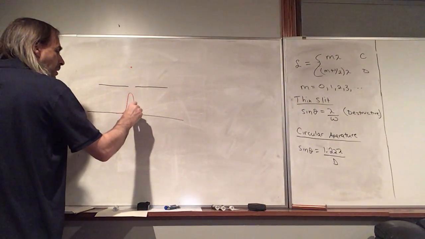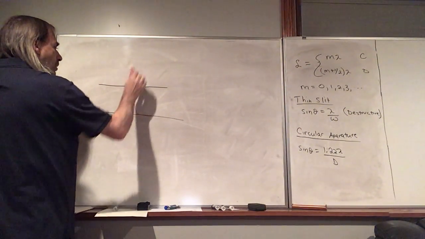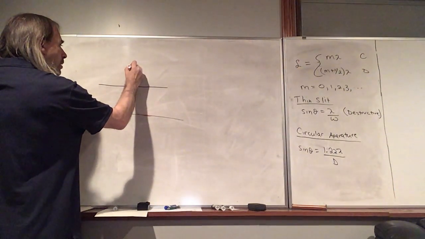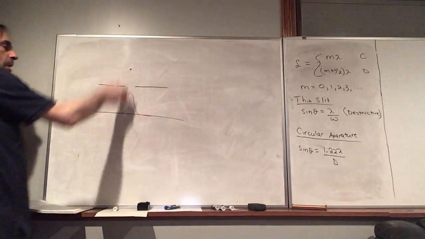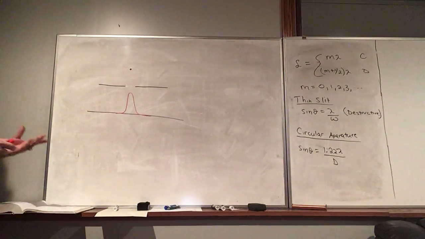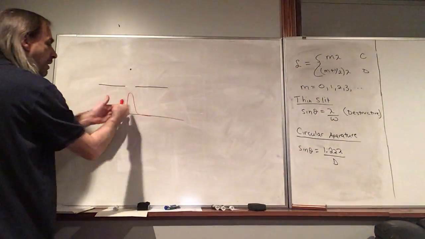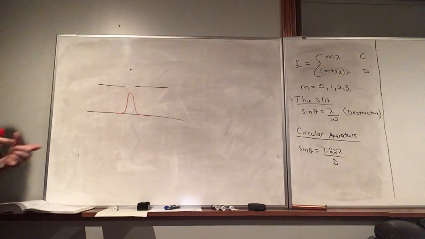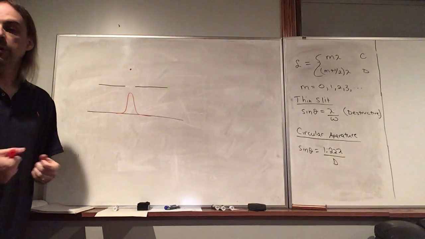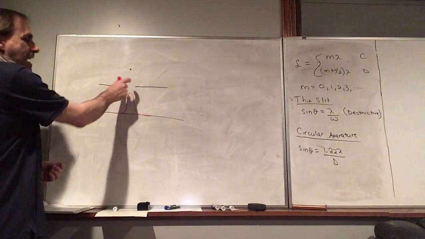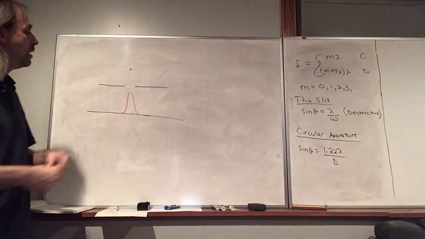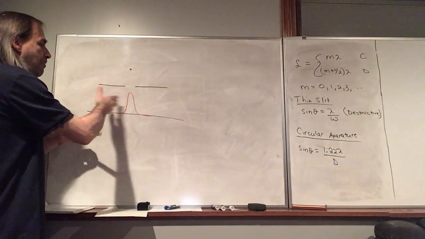So what it's going to look like, well, the peak is going to be right across from the center. So we're going to get basically all the energy spread out into this cone. And how much it spreads out depends on the wavelength of the light compared to the size of the opening. So if we have a narrow opening, we could get a much bigger spread here. If we have a bigger opening, it'll be more sharp.